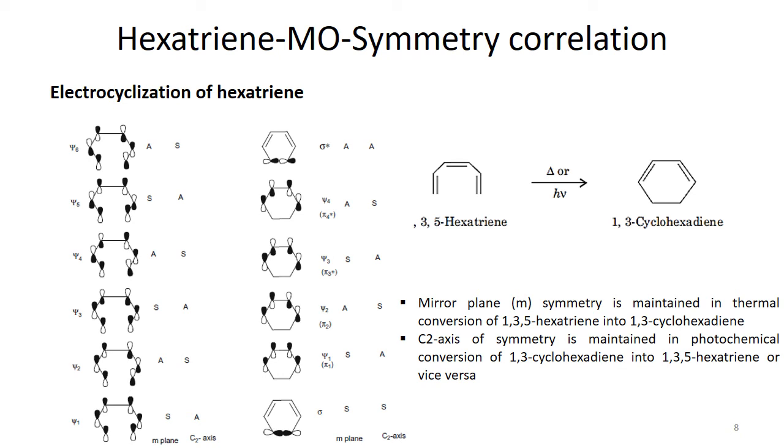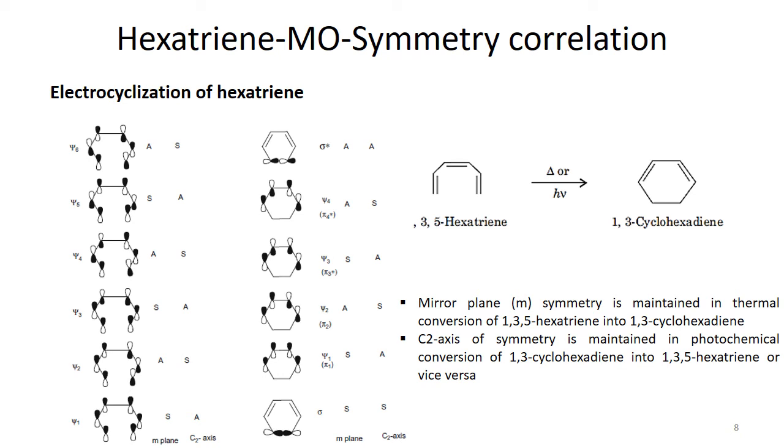When we talk about the symmetry elements, in the sigma bond we have the sigma bonding molecular orbital. Like we discussed in the rules or precautions for drawing a correlation diagram, we are only considering those orbitals that are being formed or broken in a particular transformation.